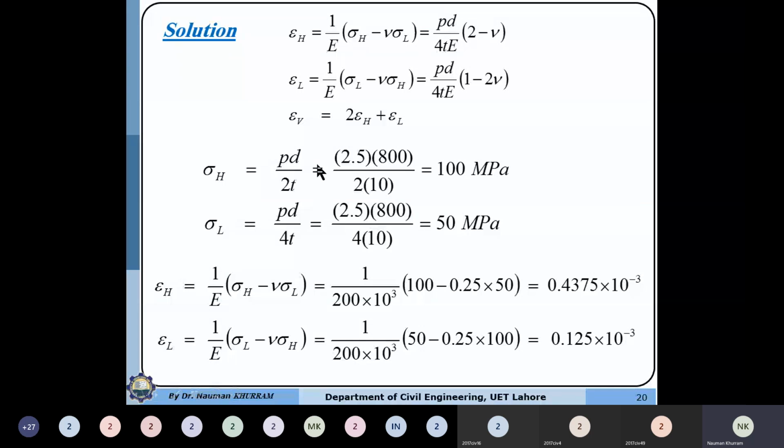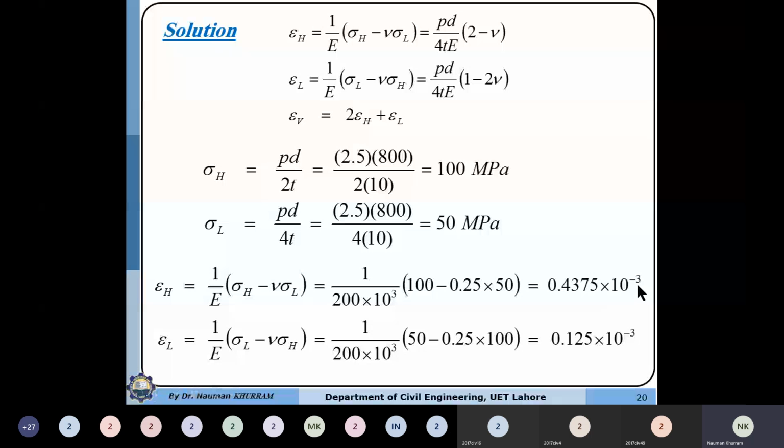I have substituted the values of sigma h and sigma L in the hoop strain formula: 1 over E, where E is 200 gigapascal, sigma h is 100, Poisson's ratio is 0.25 and sigma L is 50. So I have determined the hoop strain like this.